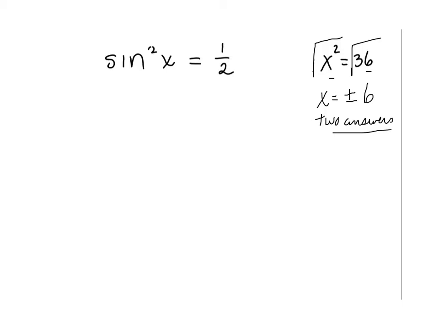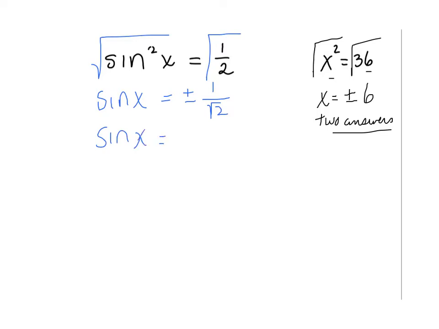So on this particular problem, if I take the square root of both sides, we're going to get the sine of x is equal to plus or minus the square root of 1, which is 1, over the square root of 2. Now many of you recognize that as a rationalized number, plus or minus square root of 2 over 2, right?